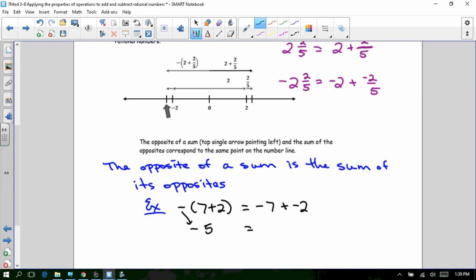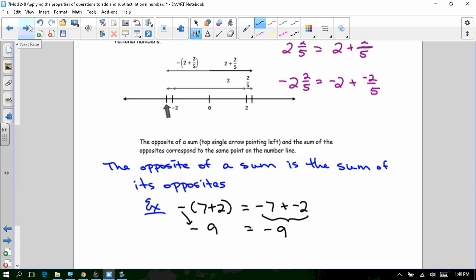And sure enough, that is equal to, what in the world? Mrs. Hoekstra can't add. What's 2 plus 7? Why did I say 5? I was subtracting. That's 9. And then this would be -9. Man, I think it's time for me to go take a nap or go to sleep. All right, there we go.